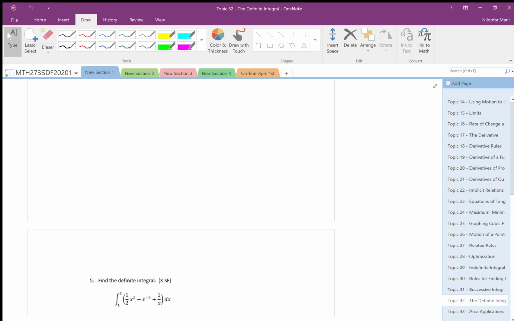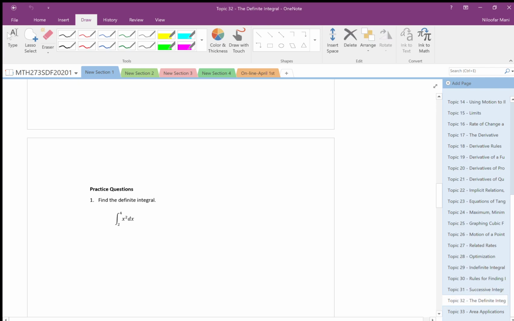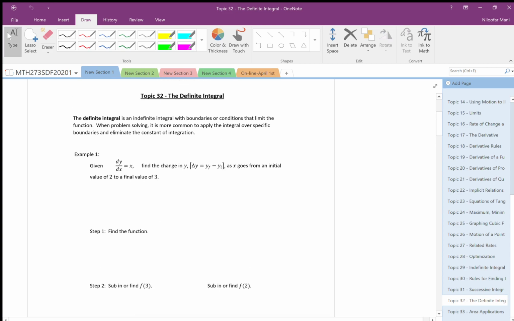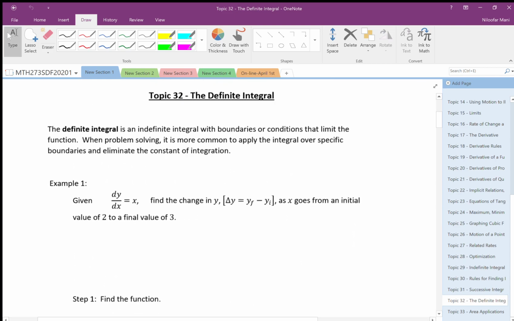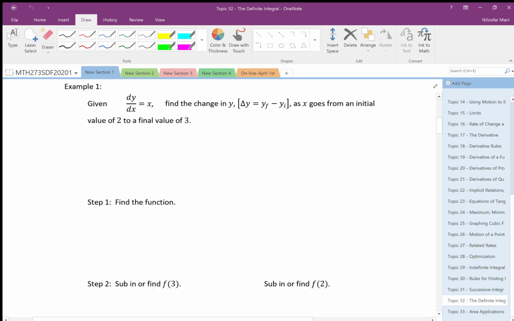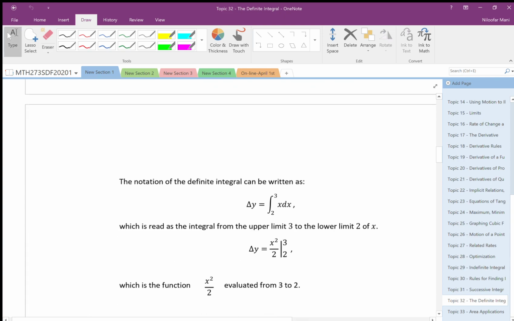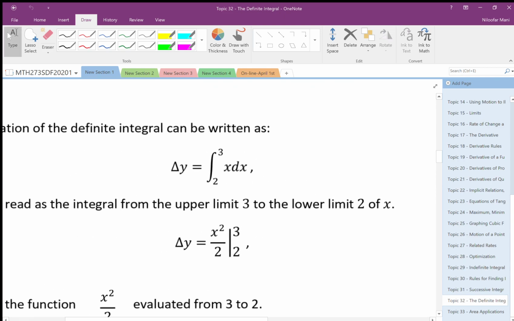Now I go to topic 32. Topic 32 is the definite integral. When I have an integral, but from where to where? When I have limits for the integral. For example, I want the integral of x dx. You know it is x squared over 2 plus c. Yes.